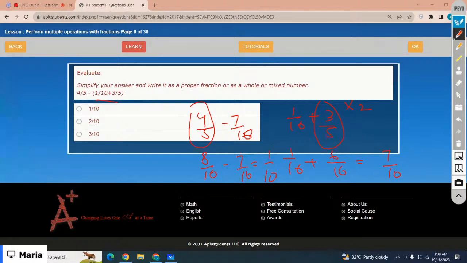The correct option is 1 over 10. 1 over 10, sorry, not 7 over 10.